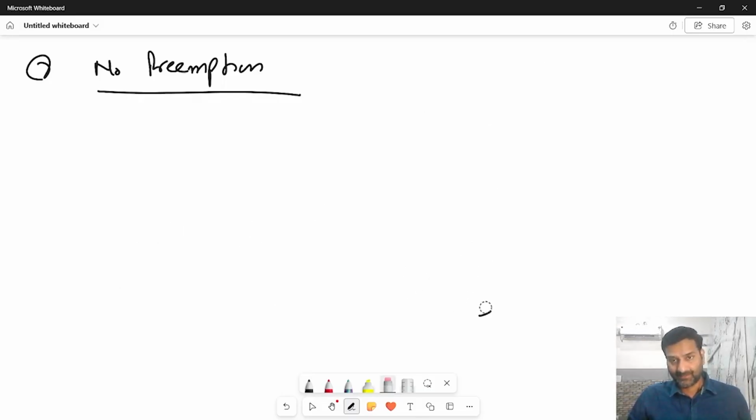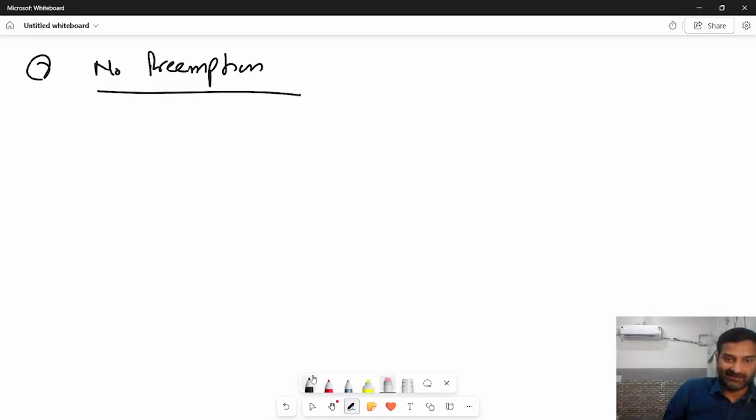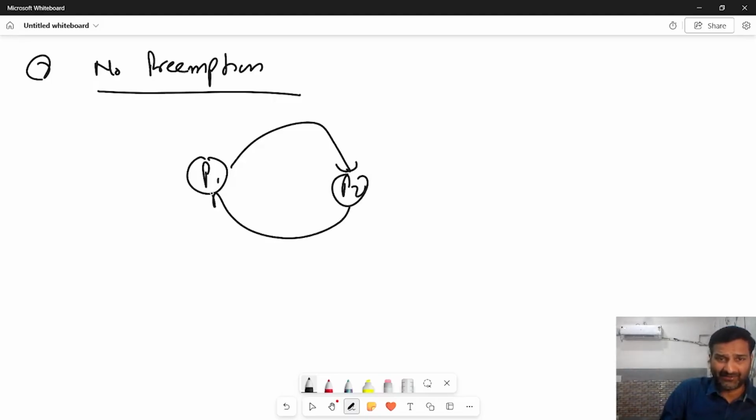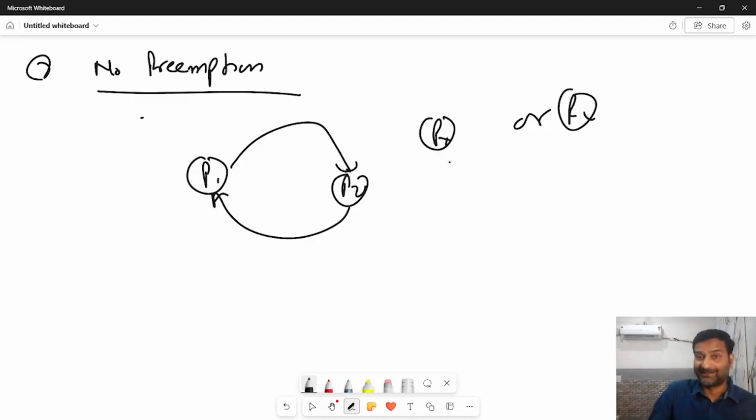Why? As we have seen, if P1 has the resource which is needed by P2 and P2 has the one which is needed by P1, this causes a deadlock situation. If we can preempt any of the resources, either R1 or R2, then we can break this particular deadlock.